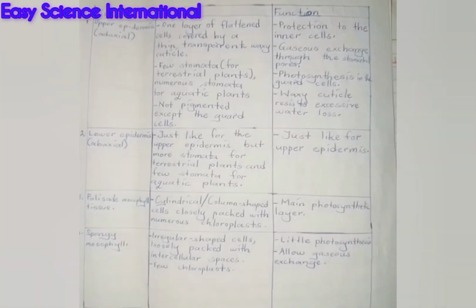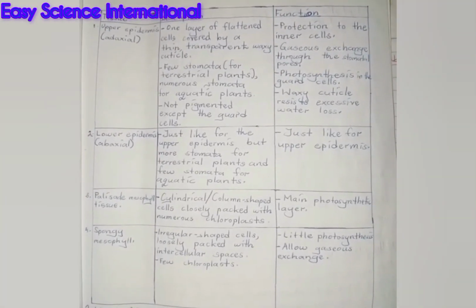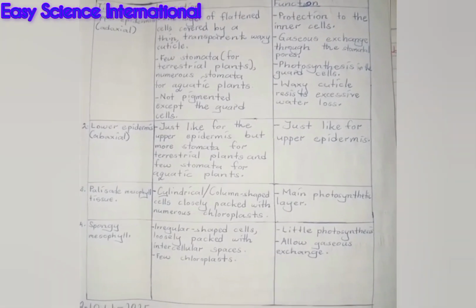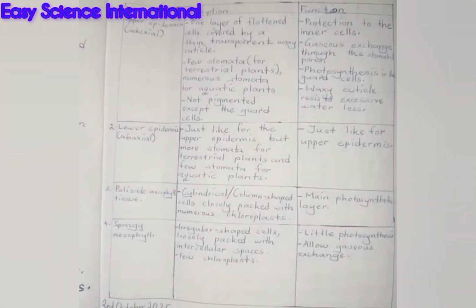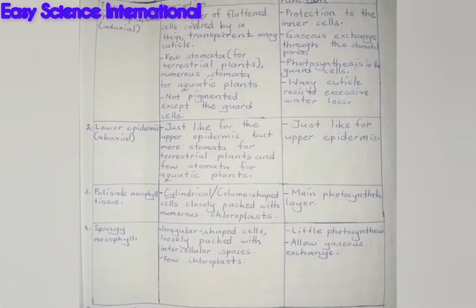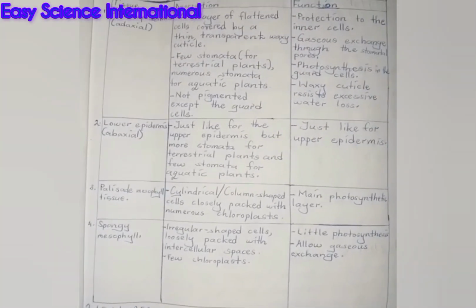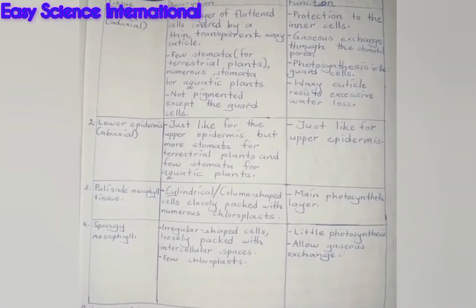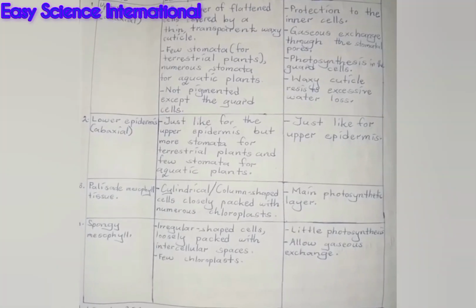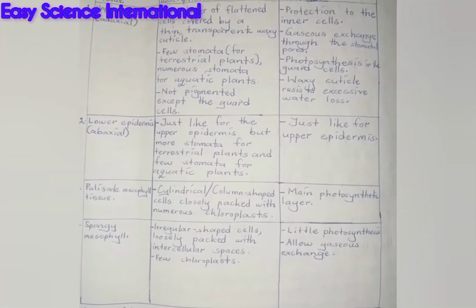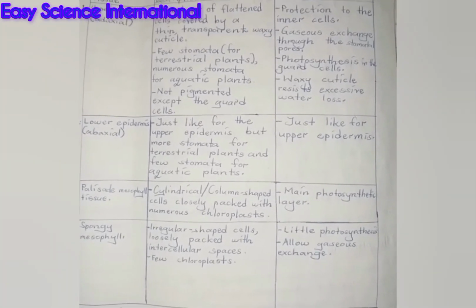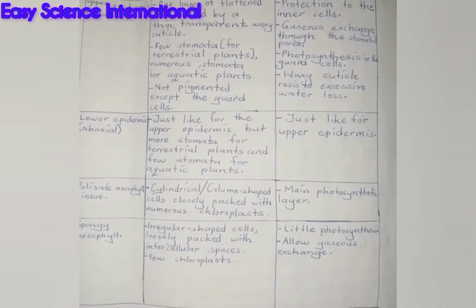We can see that here we have the functions of the different tissues, their description, and then the function. The first tissue here is the upper epidermis, or the adaxial, and its description is one layer of flattened cells covered by a thin transparent waxy cuticle. Then few stomata, that is for terrestrial plants because they are exposed to a lot of sun.